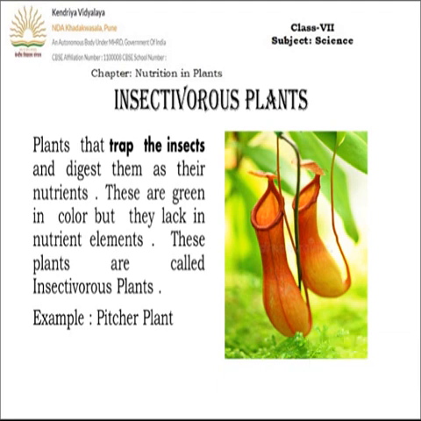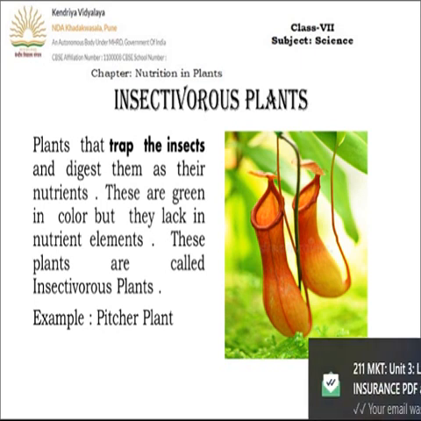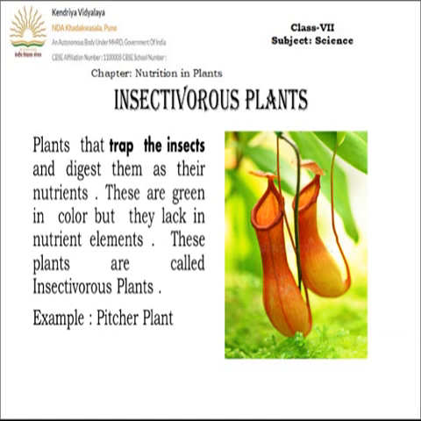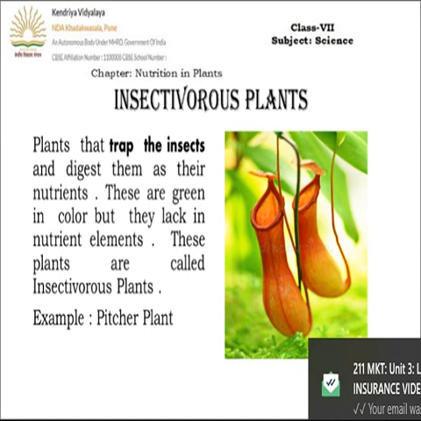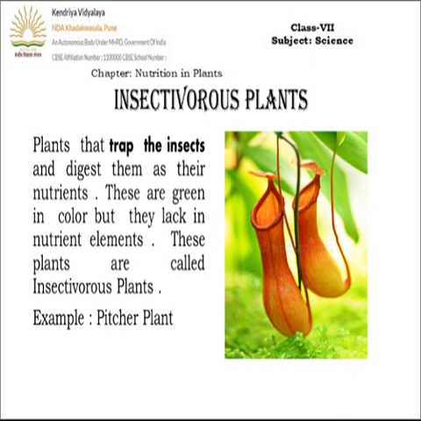Then the plant will secrete some juices, some liquid, and the body of the insect will be broken into pieces. Those pieces will be broken into even smaller pieces, and then absorbed by the cells of the plant. Such plants are called insectivorous plants.